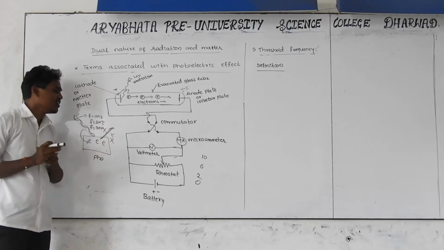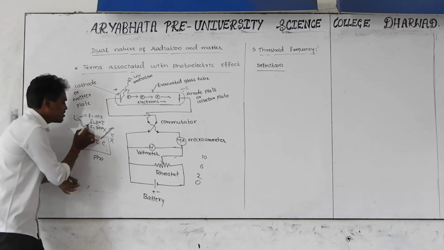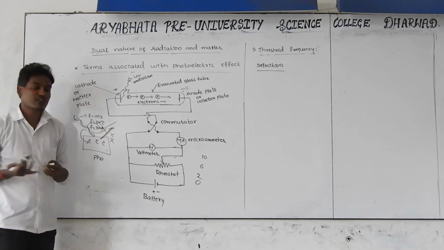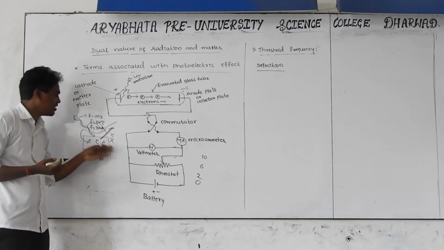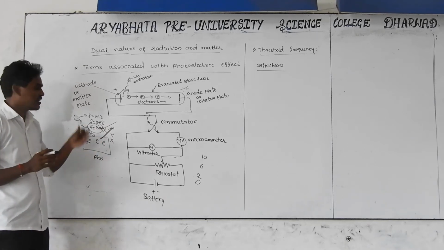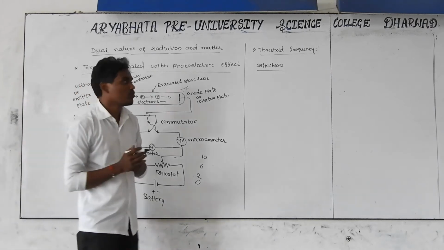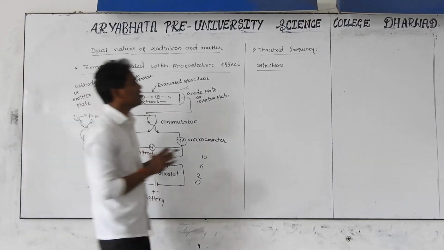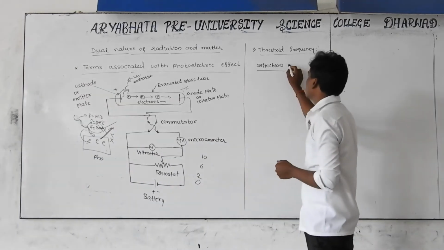Your answer is 3 Hz. Out of these three, the minimum frequency required to produce a photoelectric effect is 3 Hz, and that frequency is called the threshold frequency. That is the definition.